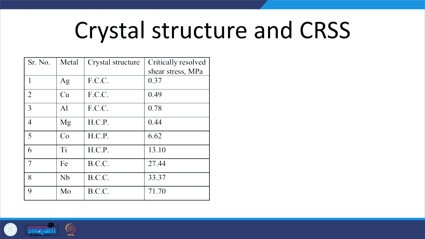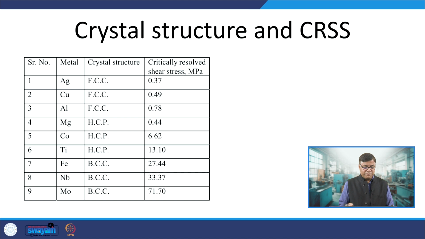This shows how, when the metal has different kinds of crystal structures, the critically resolved shear stress, the stress required to trigger deformation by slip and twinning, becomes different.